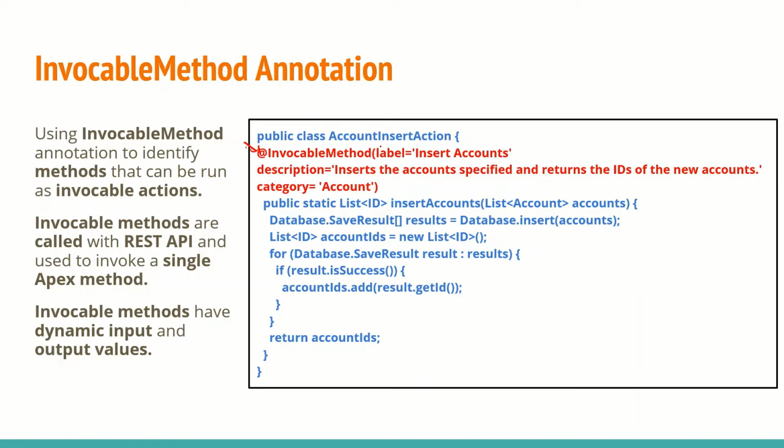We can set these attributes of that particular annotation, that is label, description, category, and then we can define our logic. So basically we can use this method majorly when we are calling it from process builder or flow. Now the process builder will be wiped off from the Salesforce ecosystem. So flows will be there. So we can call the flows from these particular invocable methods.